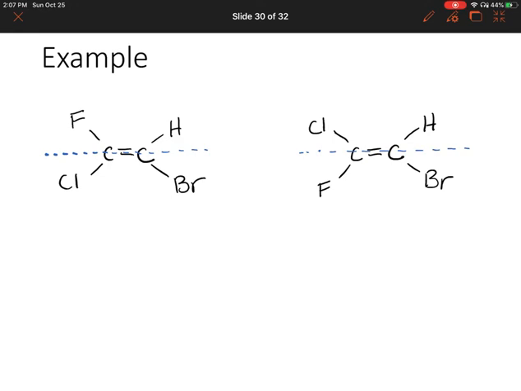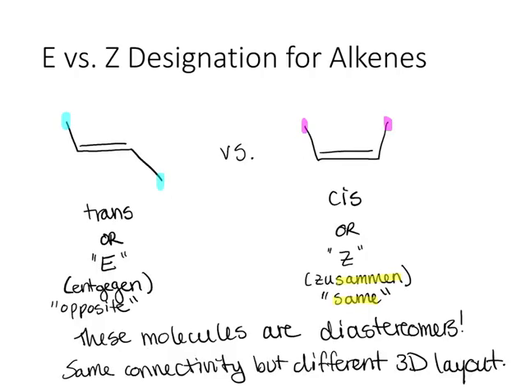So, for instance, let's go back. Looking at the two alkenes up above, those are very clearly cis and trans because there's only two main groups coming off of the double bond. The others are hydrogens, which we're not showing because these are bond line structures.